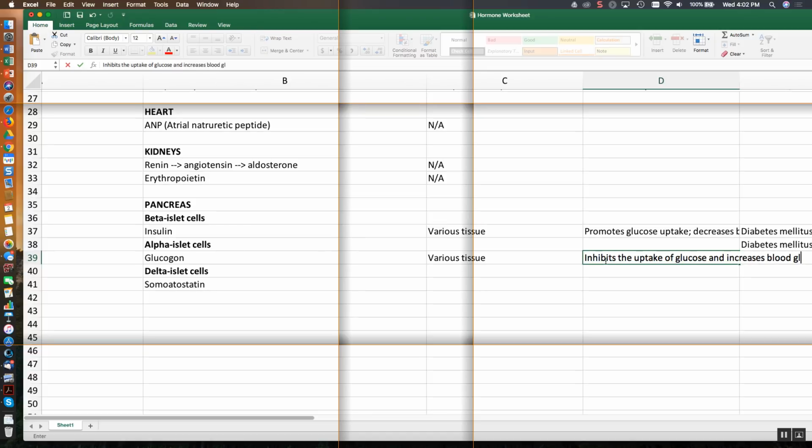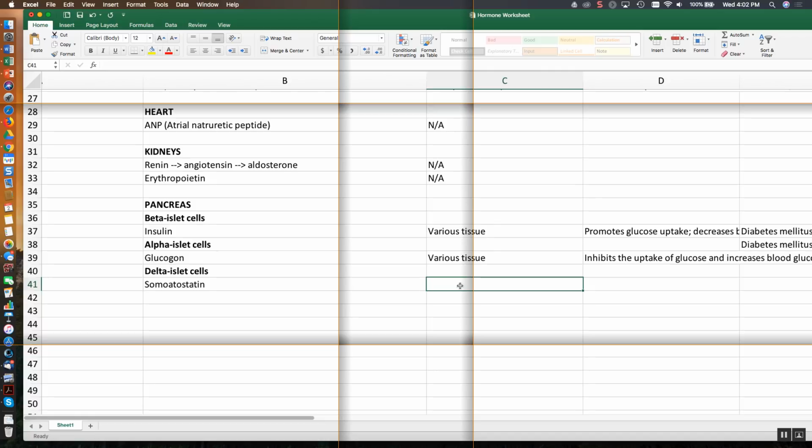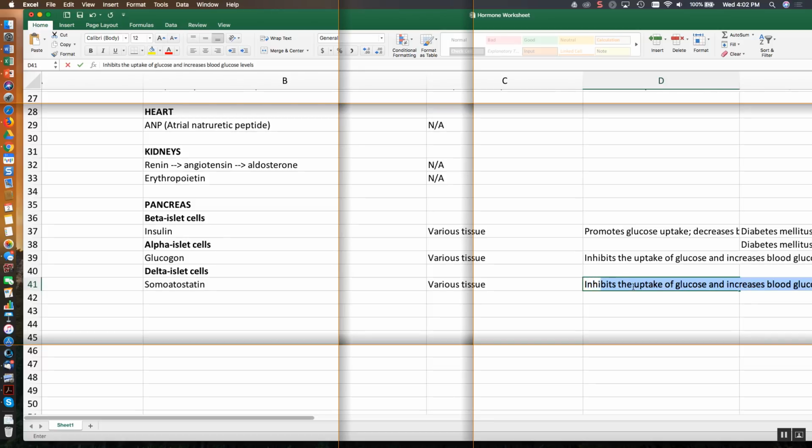Okay, and we already talked about diabetes. Somatostatin. I'm just going to put this on here really quick though. Inhibits both insulin and glucagon.